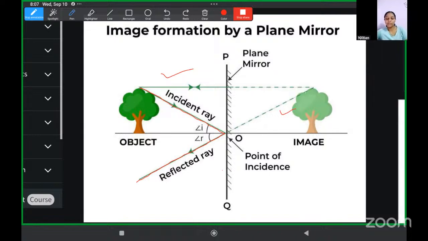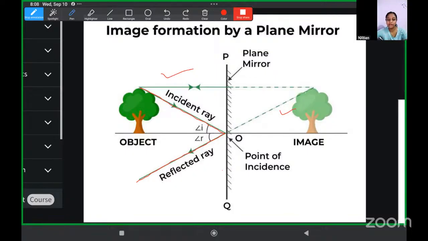There are two types of images. One is real image, another one is virtual image. The difference is that one is formed using the concave lens and one using the convex lens.